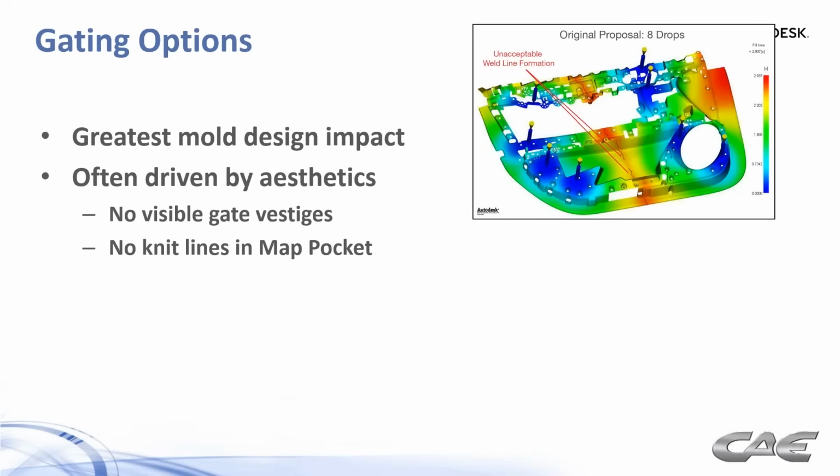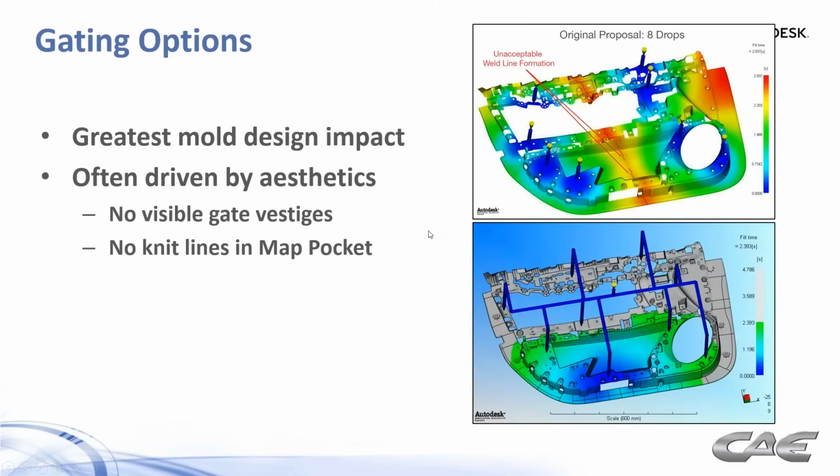So not a bad idea, but you'd hate to get to the point where you manufactured this mold and got to the press and saw, well, I've got these knit lines in the map pocket, that these parts are no good. So knowing what you have to do for gating to avoid that matters to what we're going to do in the Moldflow analysis.